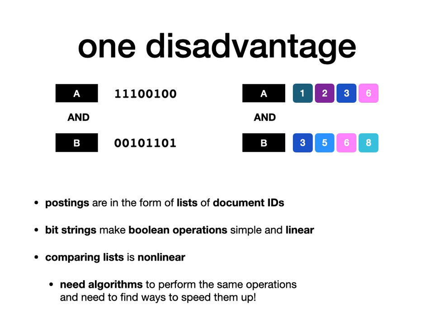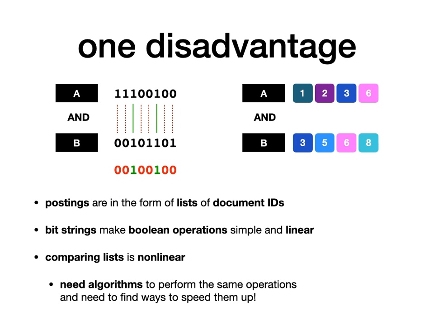Postings are a list of document IDs, whereas the bit strings are these nice Boolean strings where Boolean operations are what we need. So, hey, I need term A and term B in my documents. That was simple and linear for them. We AND the bit strings and we find out where the documents live.